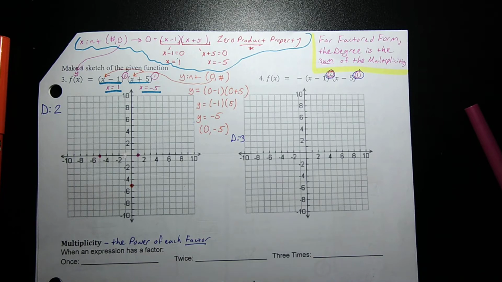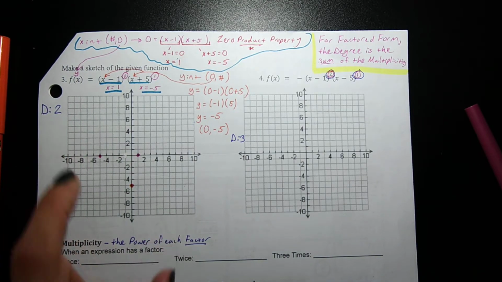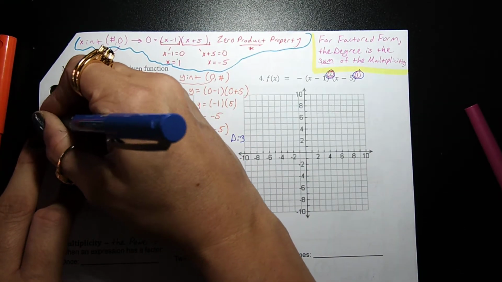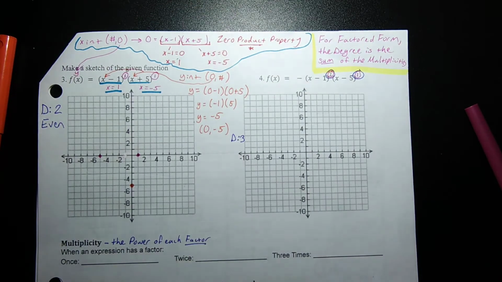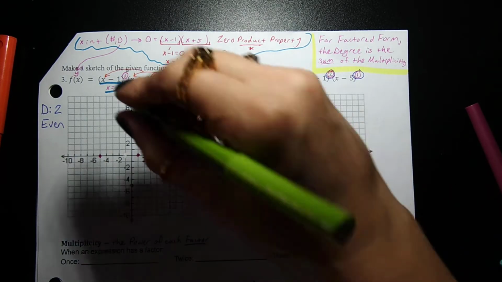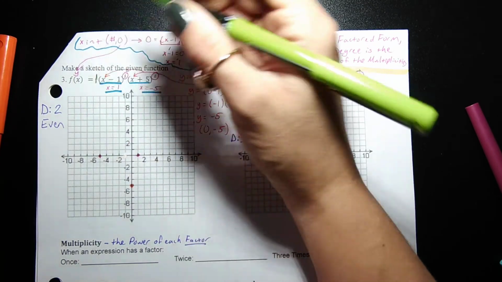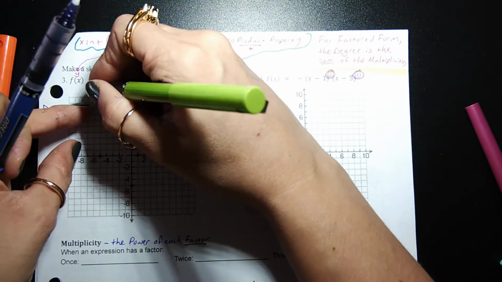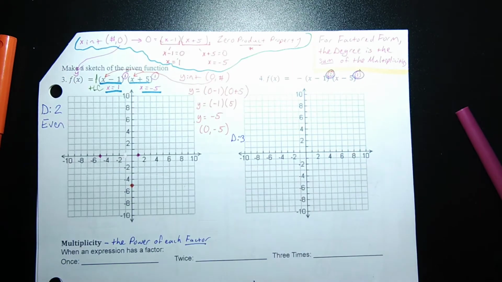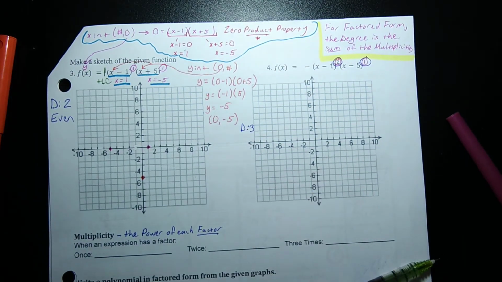What else do we know about this one? It's even multiplicity. And what about the leading coefficient? Is my leading coefficient positive or negative for this one? It's like we have an implied 1 here, and 1 is positive. So if I have a positive leading coefficient, what do we know about the end behavior? If it's even and it's positive, what do we look like? Show me with your arms. What's my end behavior look like?